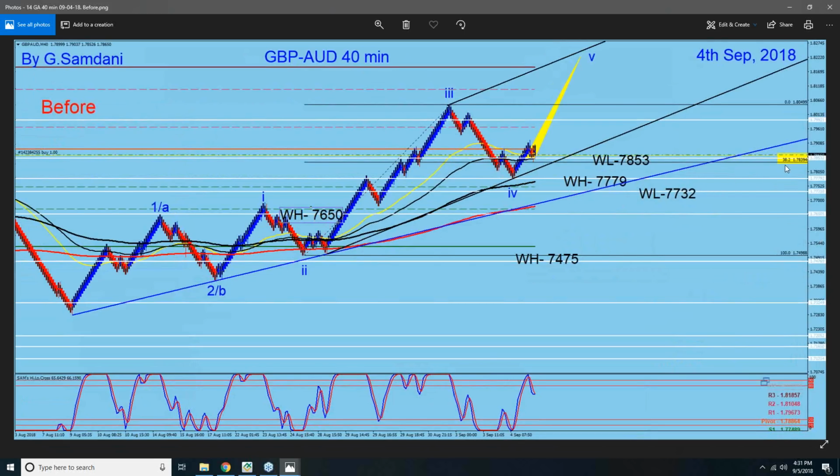Trust me, the Fibonacci 38% is right there, but it disregarded the 38% and came and kissed this 77, 79, and then bounced. Now it was bouncing and going above this 78.53 and finding support. See, it is very, very accurate and perfect between these levels.